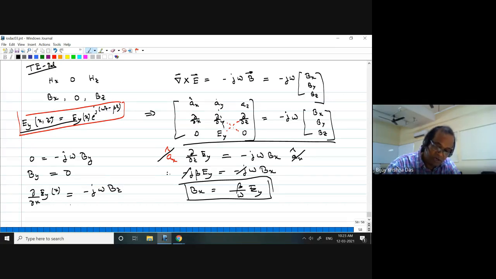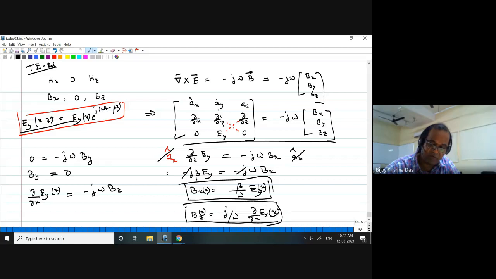Now you see, bz equals, it is minus j, so bz equals j by omega del del x Ey. So I can write bz as a function of x here; this is x, and this is also x.